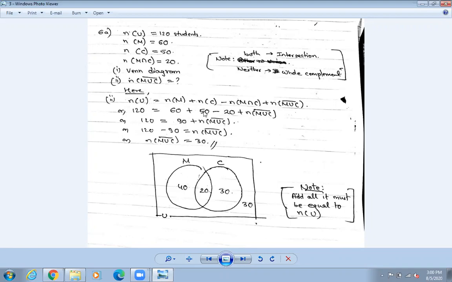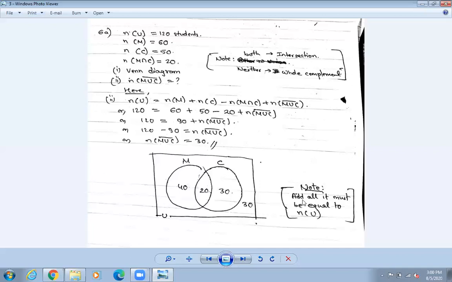So 60 plus 50, 110. 110 minus 20, it becomes 90. Now when the plus sign goes, this will be minus. So 120 minus 90, it becomes 30. And this is the value of the complement. So M union C whole complement value is 30.